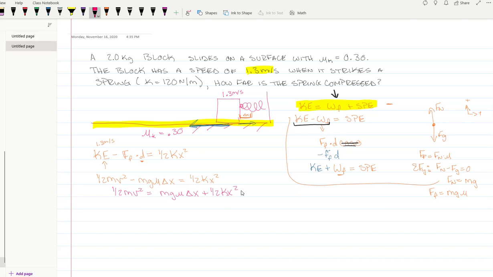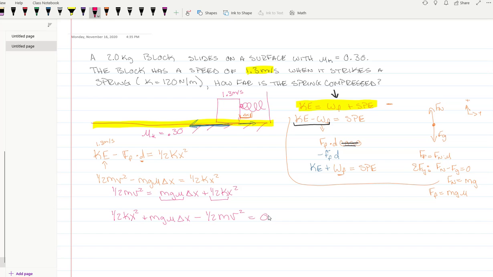Now I feel like I can factor some things out, right? I can't. So it looks like I'm going to have to turn these into values. This is screaming that I'm going to have something like this: 1/2 kx squared plus mg mu delta x minus 1/2 mv squared equals 0.